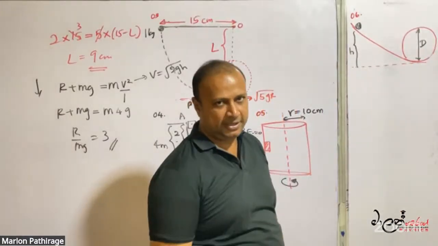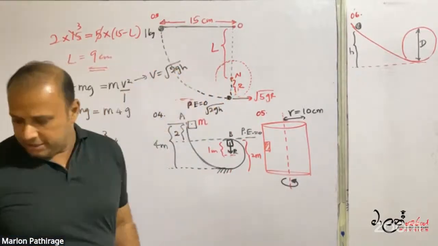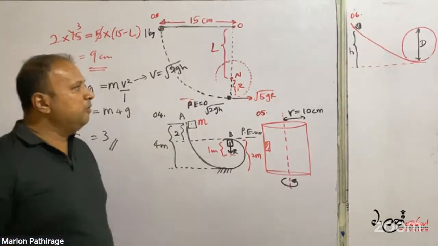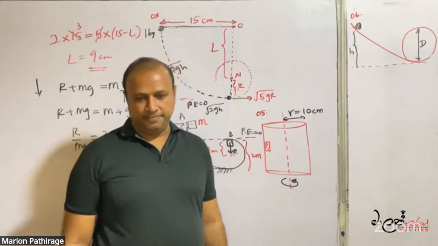If it completes a full circle, find the minimum value of h in terms of d.